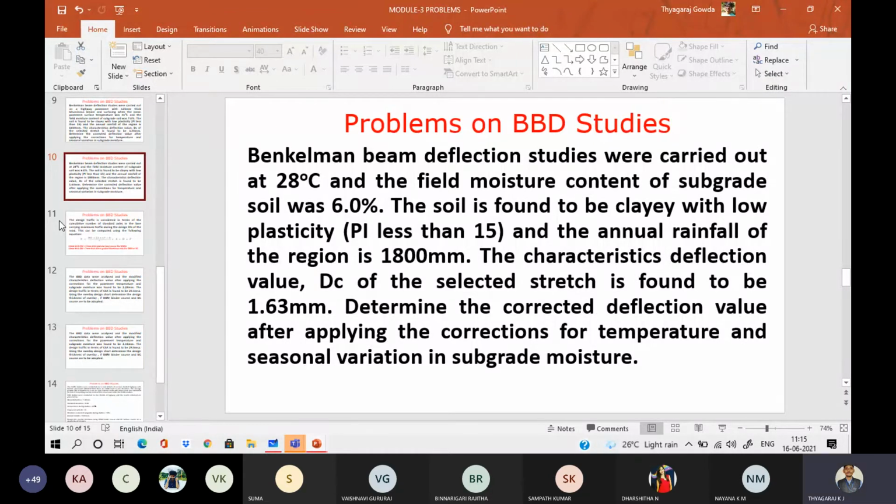First calculate the temperature correction. I will show how to calculate the moisture correction. I will display the chart. You only work out the problem.